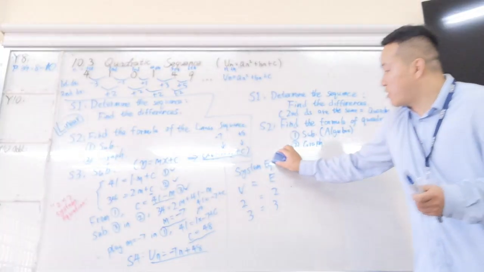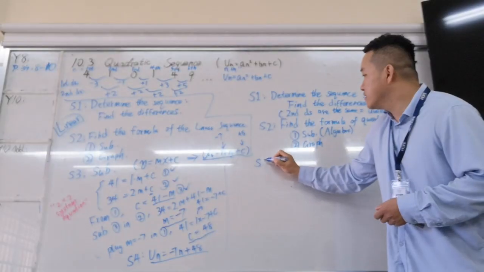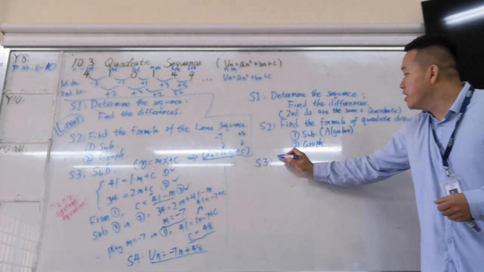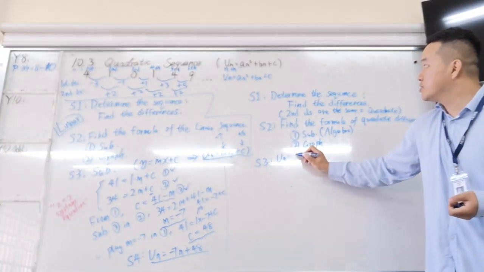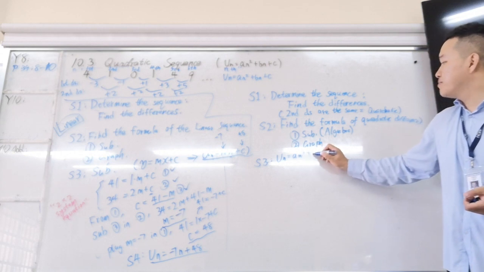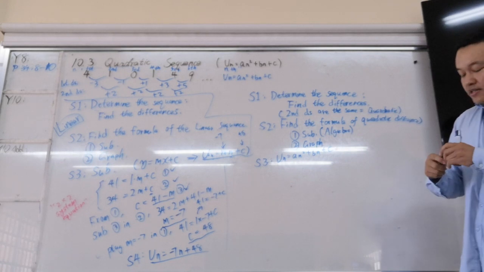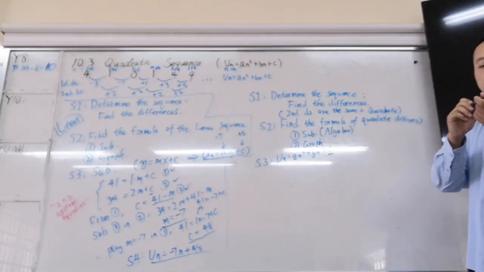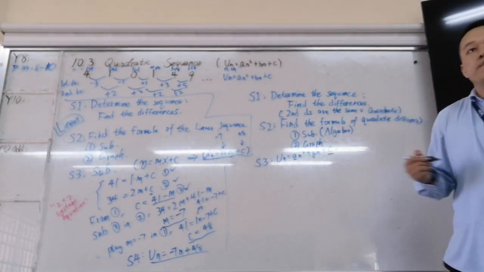Now I'm going to erase this part, okay? Step 3. You know that the formula is going to be un is equal to an squared plus bn plus c, and you know that there are going to be 3 variables in this equation. And Elijah just mentioned, how many equations do you need? 3.